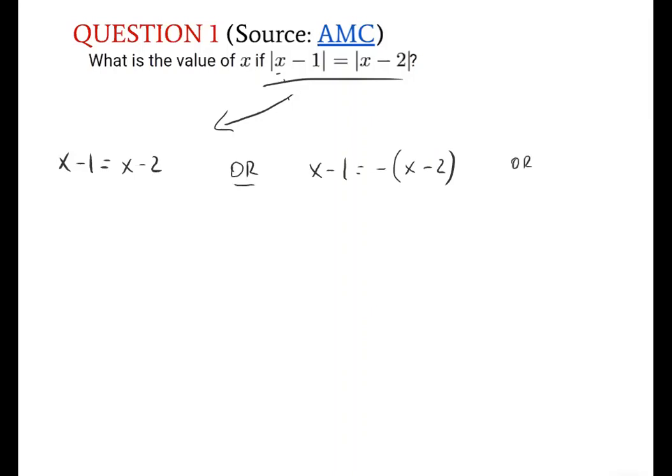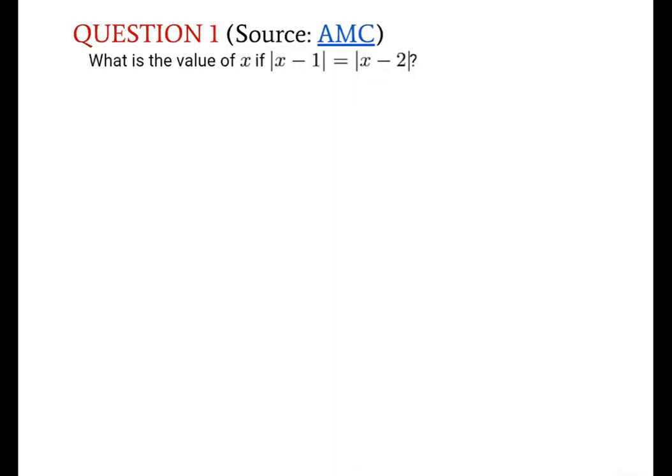Or it means negative x minus 1 equals x minus 2. But you'll find that these two are the same thing. So we'll just ignore that.